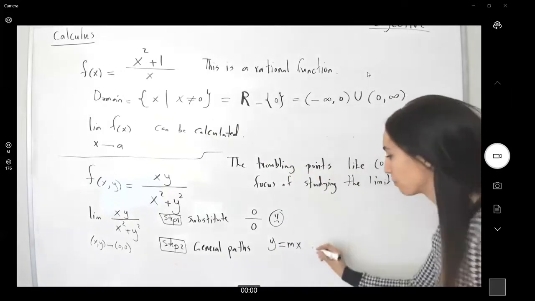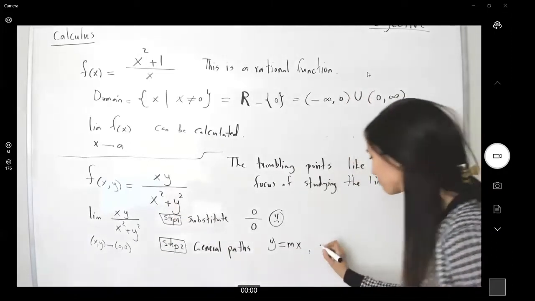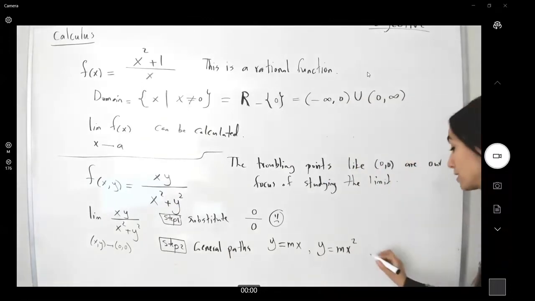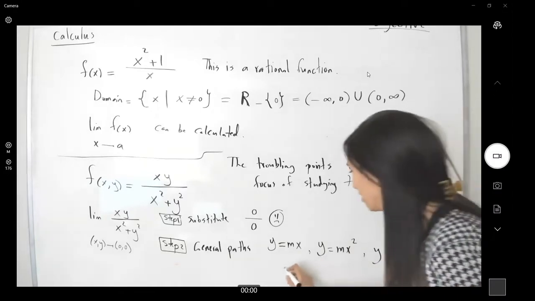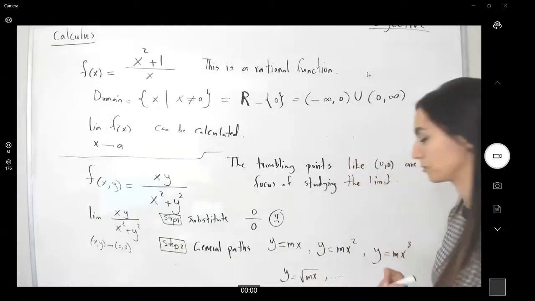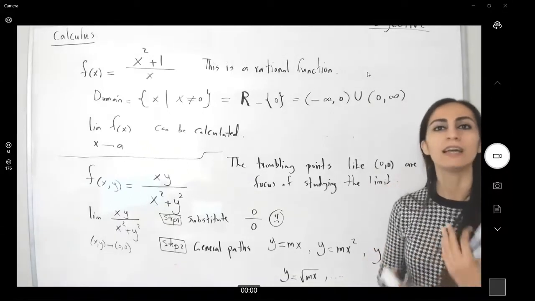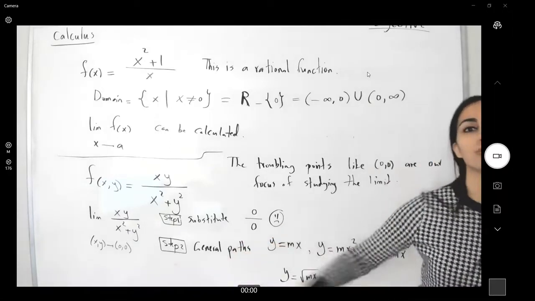Based on the definition of the function, you can use y equals mx squared, mx cubed, y equals the square root of mx, and so on. By practicing, you eventually feel a little more comfortable about which of these to use.